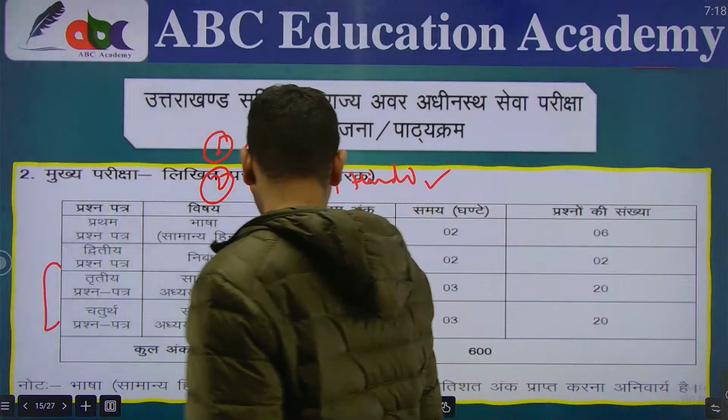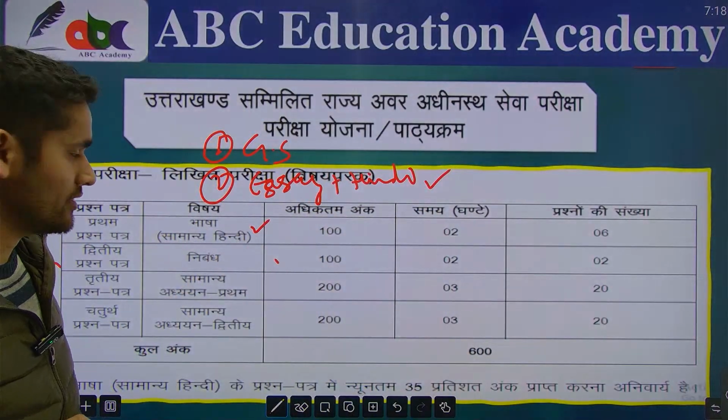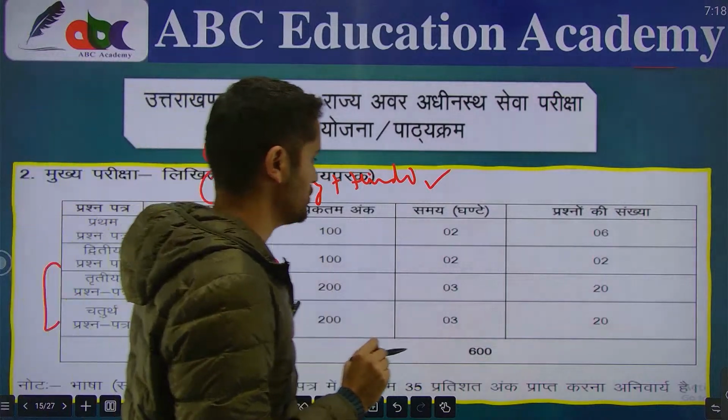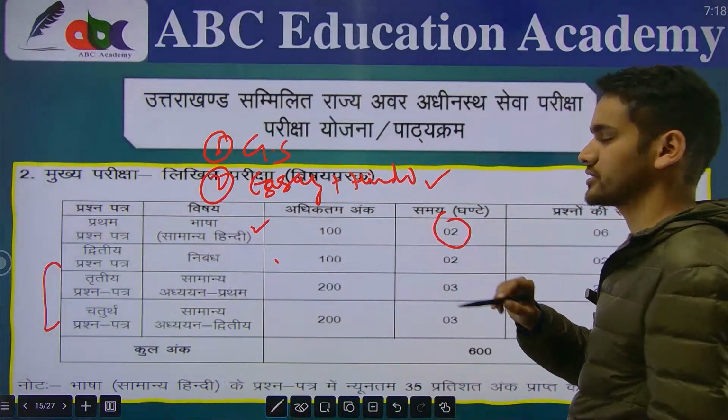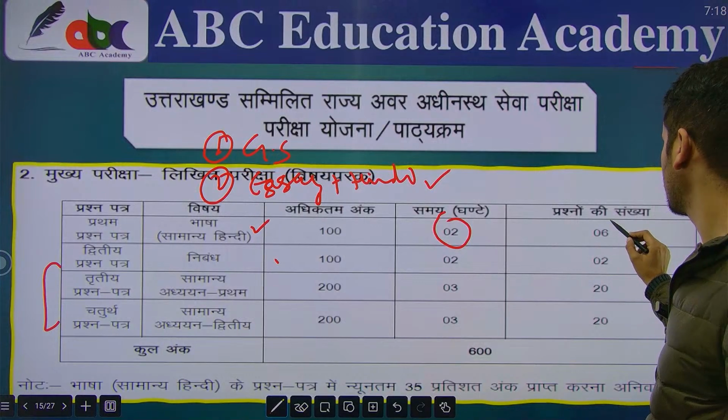First one would be of language, and that is Hindi, for which you have 2 hours to attempt that paper, and total number of questions will be 6.